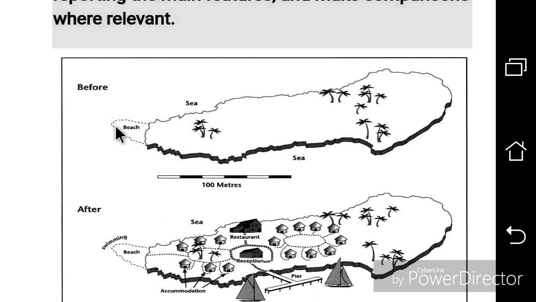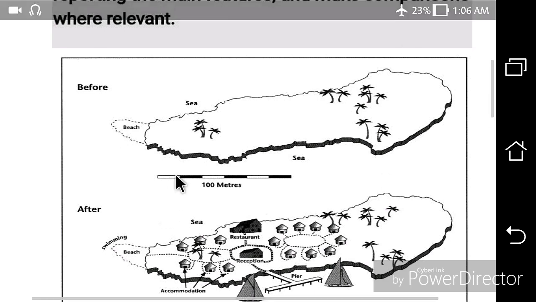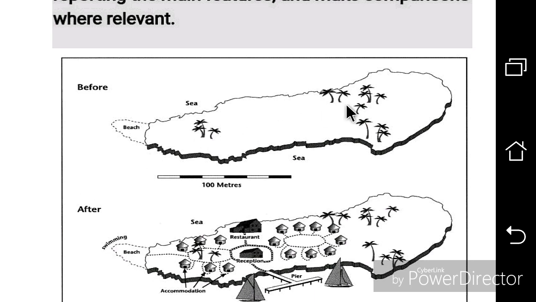You can also name them as palm trees, coconut trees, but better stick to trees. And these trees, one of the group of trees are in the western side, another is in the northeastern side and another is in the southeastern side. So here the direction marking should be southeastern, northeastern, northwestern, southwestern.